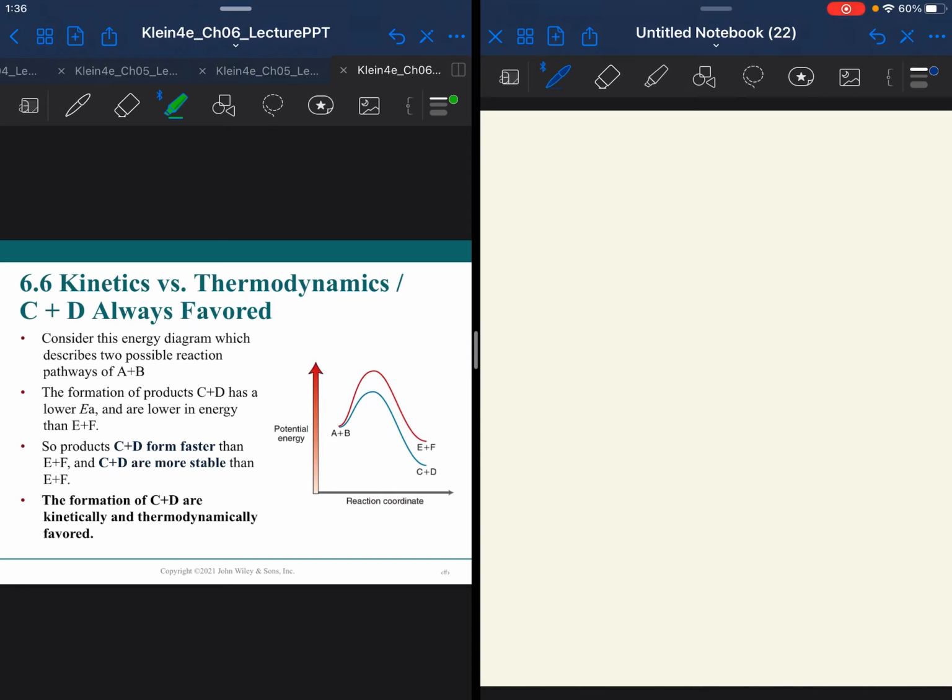And here's a very general example of that. A and B could react to form E and F or C and D, right? So two different outcomes. And what is going to be favored? Well, in this case, it's pretty easy. C and D are likely to be favored. There is a smaller activation energy, meaning they are going to form faster.